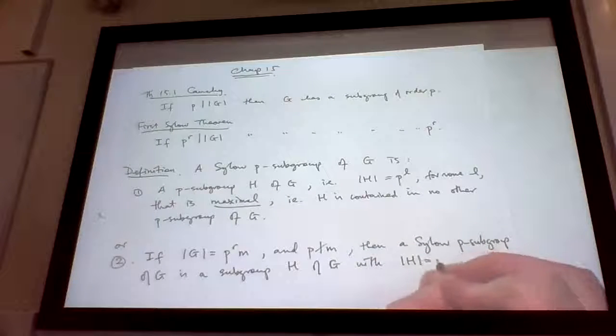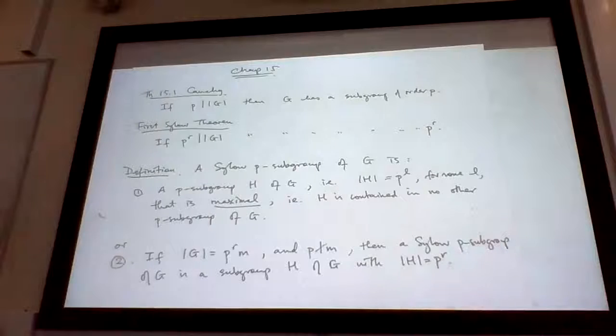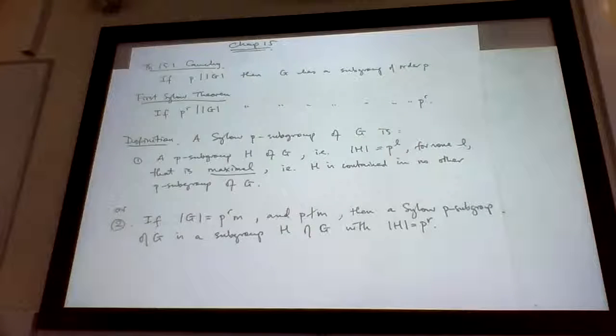The order of H is equal to this biggest possible power of P. Okay, you can agree that the two definitions are different. They are equivalent, and we'll prove the equivalence of them now.